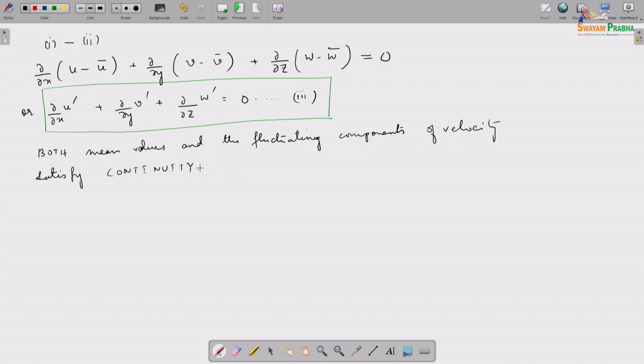Is that right? It satisfies continuity, right?